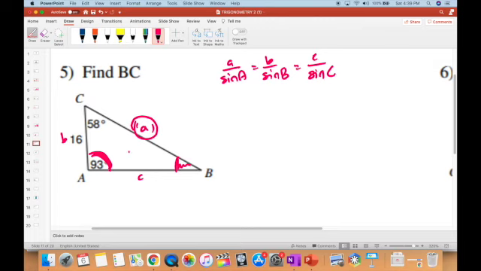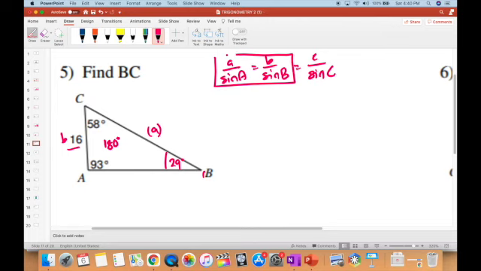So let's find the angle B. Remember, all angles in a triangle add up to 180 degrees. So 180 minus 93 minus 58 gives me 29. So this is 29 degrees. So I have the side B and the angle B, the side A and the angle A. So I could use this.